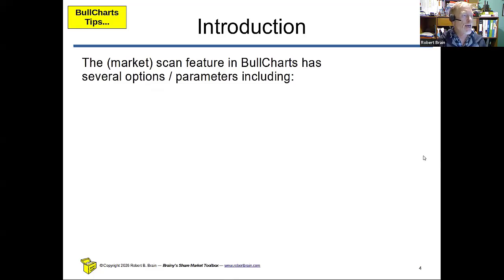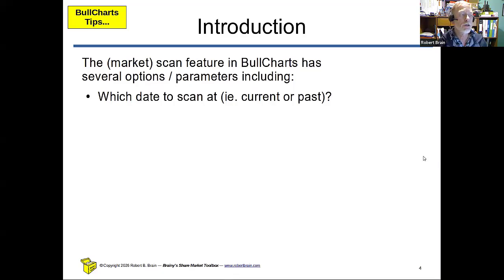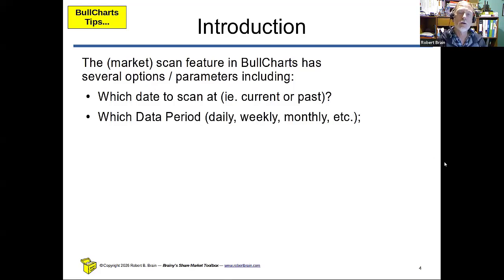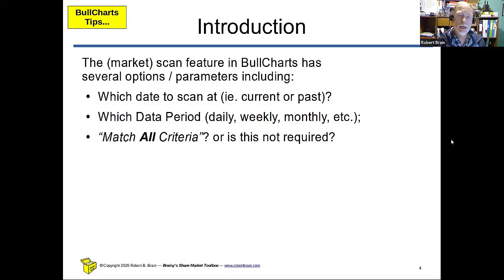So the market scan feature in BullCharts has several options or parameters, including which date do you want to run the scan at? Is it the latest date or is it one in the past? And do you want to run it across daily data or weekly or monthly? And there are a couple of other options that might not make much sense to some of you at the moment.